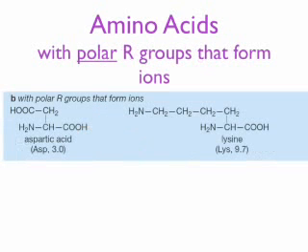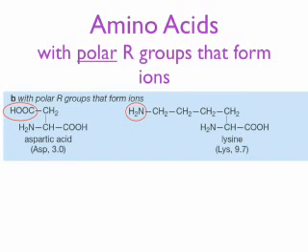Now we can get some amino acids that have polar R groups. If you have a look at aspartic acid, for example, down the bottom, you've got your amine group to the left, your central carbon compound, and your carboxylic acid to the right, so it's an amino acid. But the R group is a carbon chain that has another carboxylic acid group. So in solution, that would actually ionize, donating the hydrogen to solution, lowering pH, and we would end up with a polarized group.